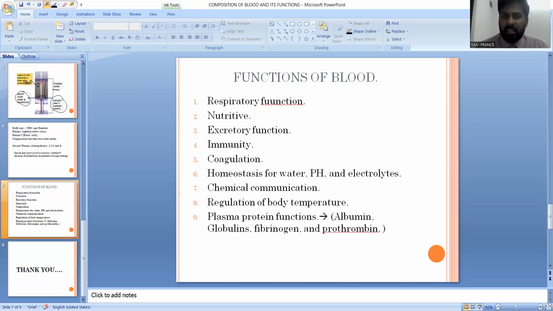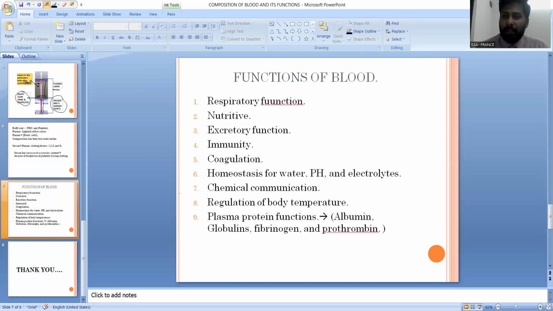Coming to nutritive function, how does the blood help in nutritive function? As soon as we eat food, the macronutrients get digested and converted into micronutrients, and these micronutrients enter into the blood circulation, right? And from there, they get supplied to all the parts of our body.